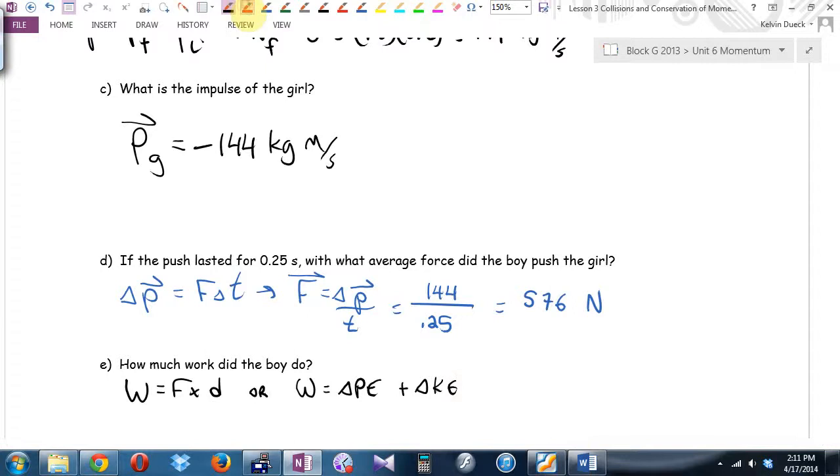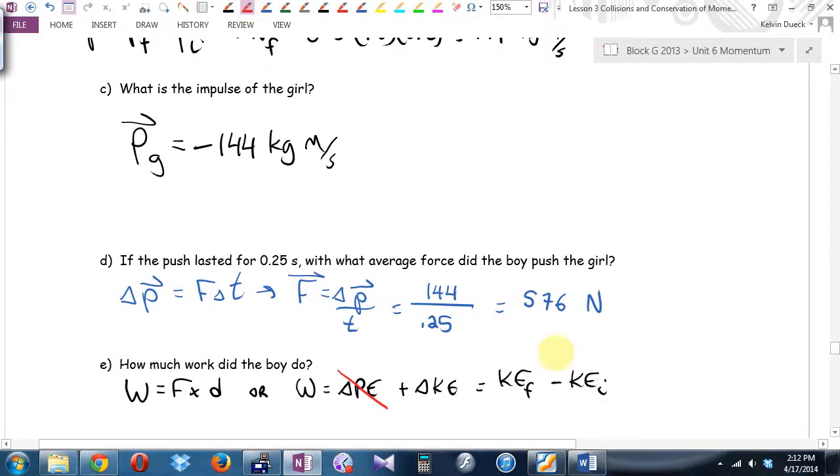Did they, look at the picture, did they change height at all? So did they change potential energy at all? Change in kinetic. Hey, wait a minute. What was their initial kinetic energy?